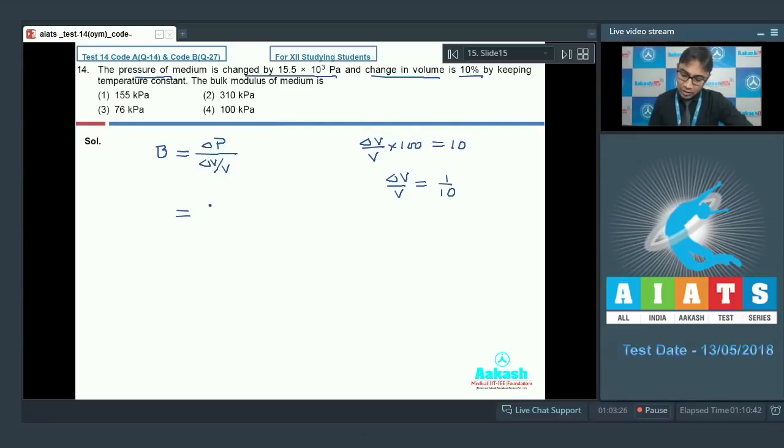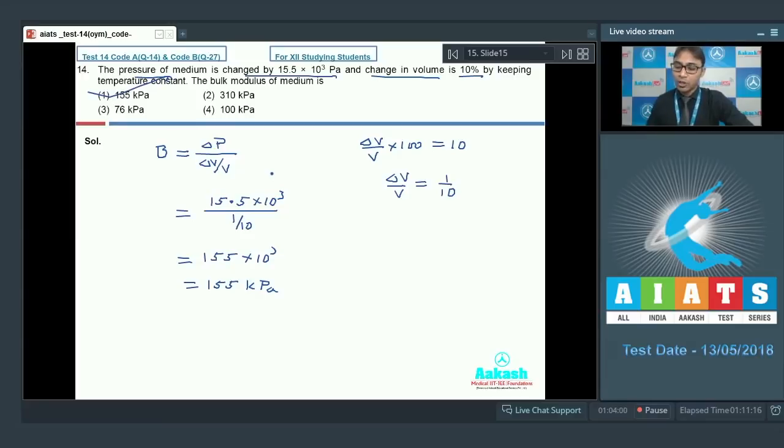So we can say that the bulk modulus will be 15.5 into 10 cube divided by 1 by 10. So we will get 155 into 10 cube, that means 155 kilo Pascal. So my option number 1 will be correct.